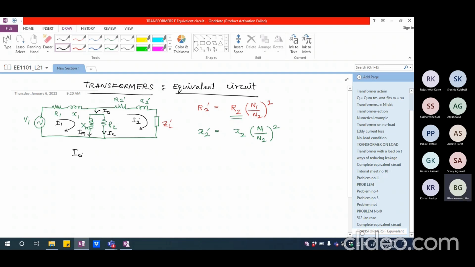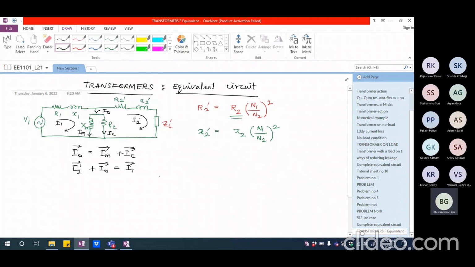So just to reiterate, I0 equals IM plus IC, and I2 dash plus I0 is going to give me I1, right?